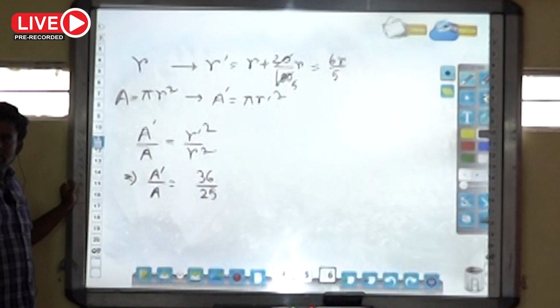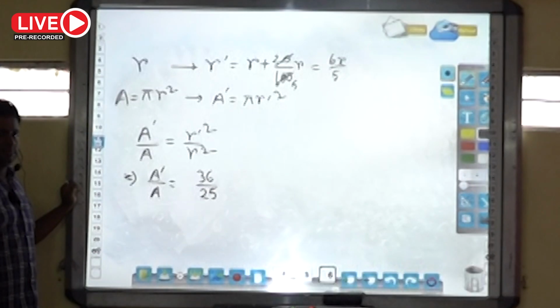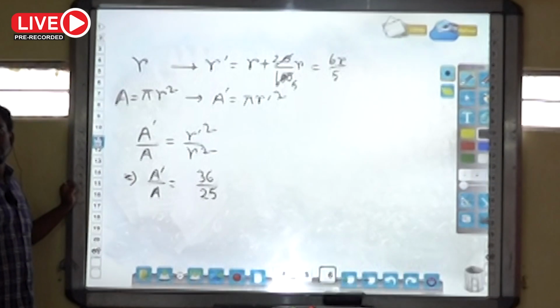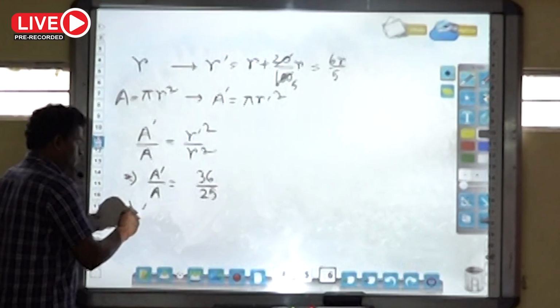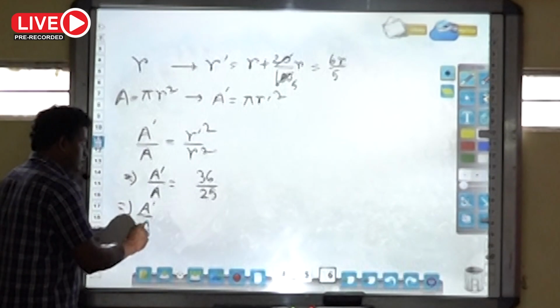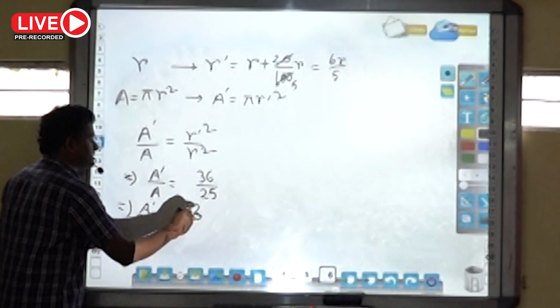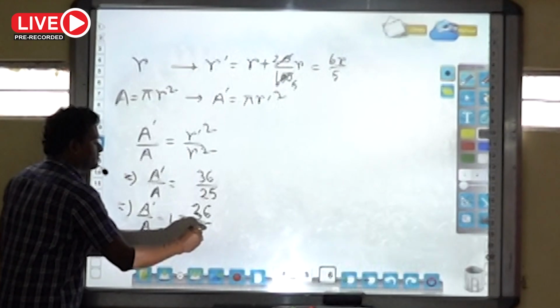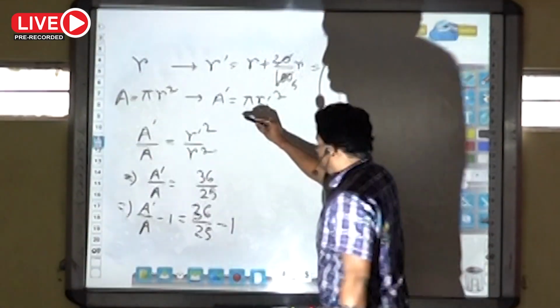Okay. 36 by 25. Now we subtract 1 from both sides. So that is A prime by A minus 1 equal to 36 by 25 minus 1. What does the left side give?